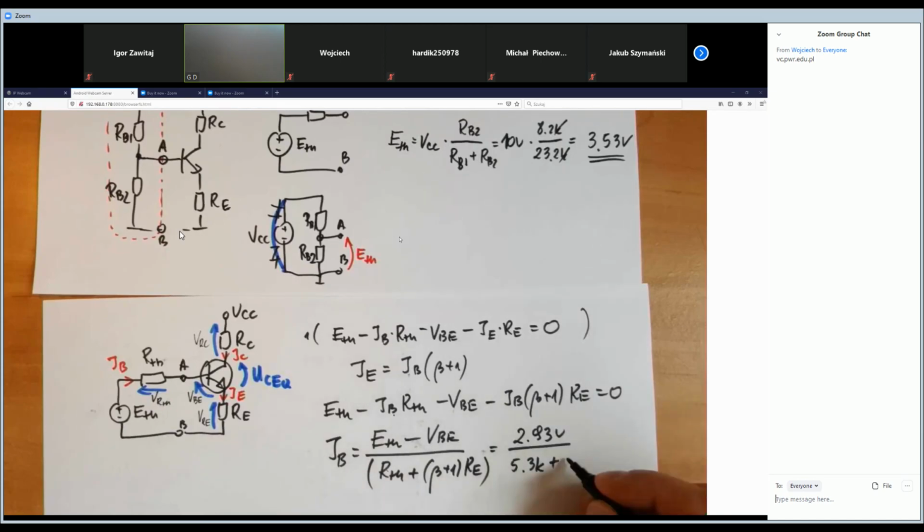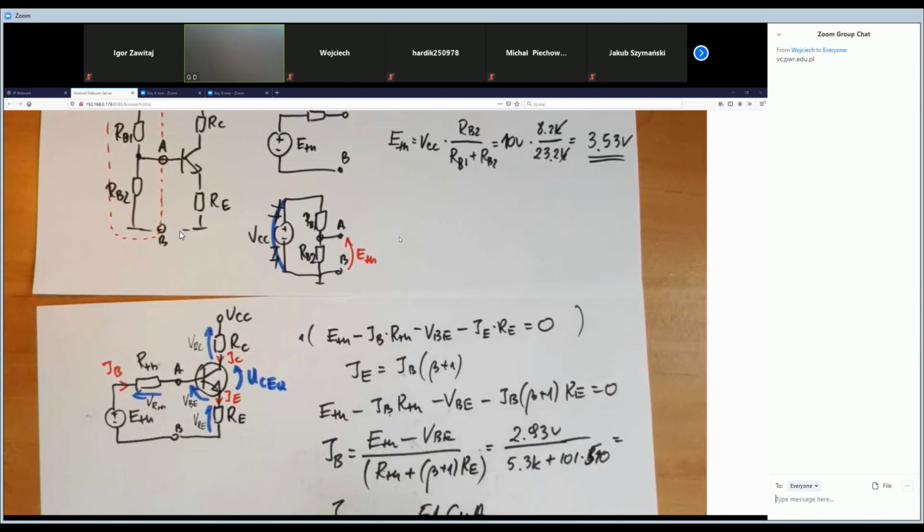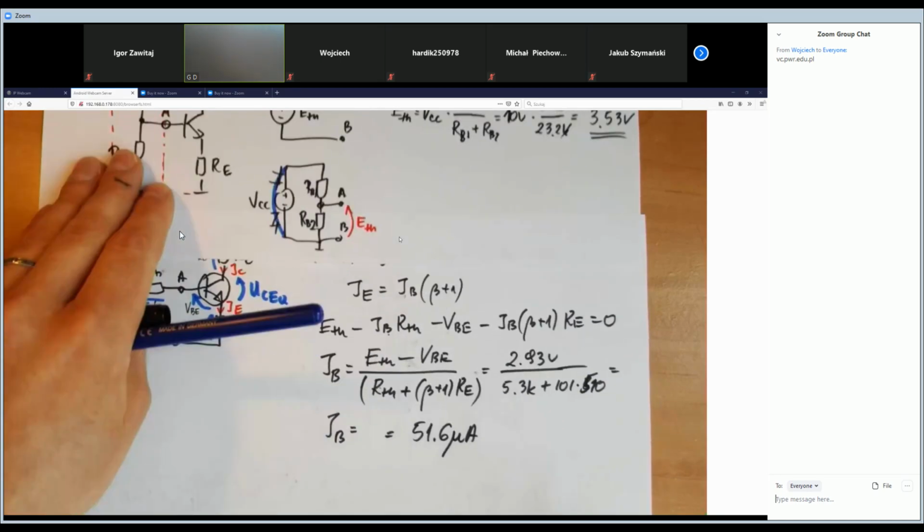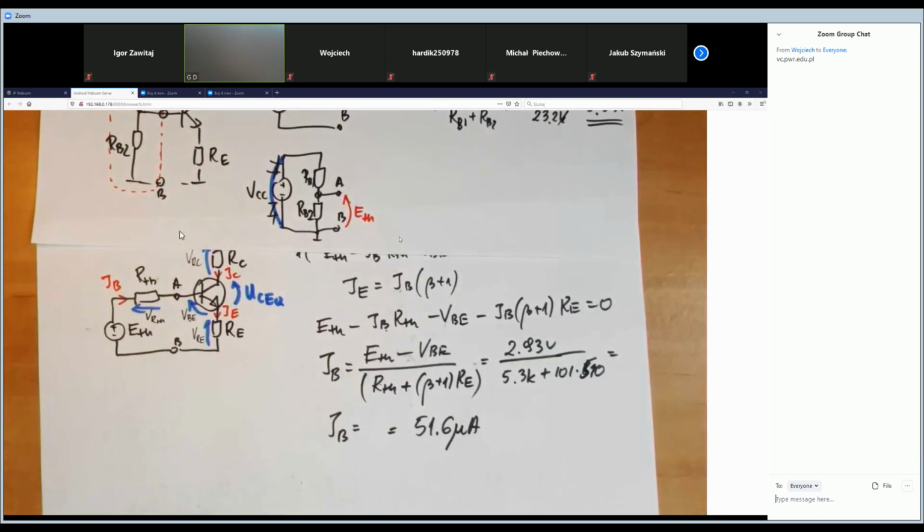It is 101 times 510 ohms. So it is equal around 51.6 microamperes. That's the current of the base.